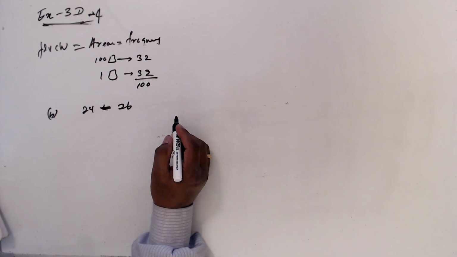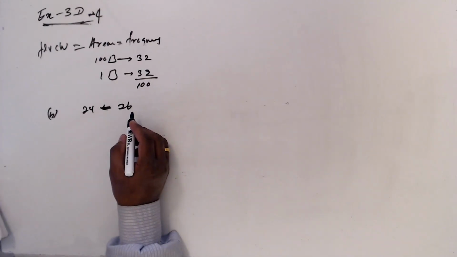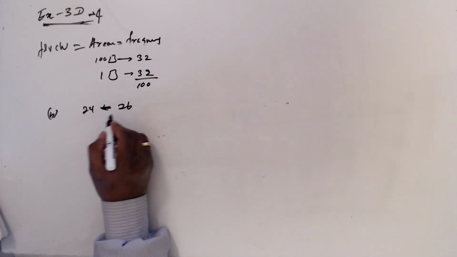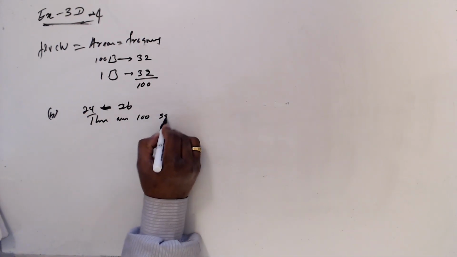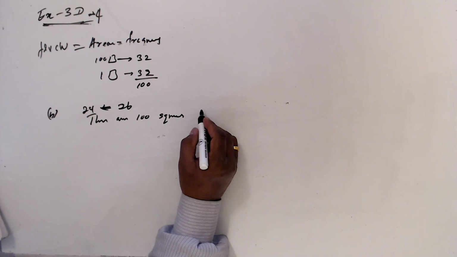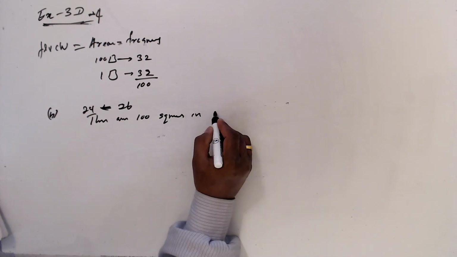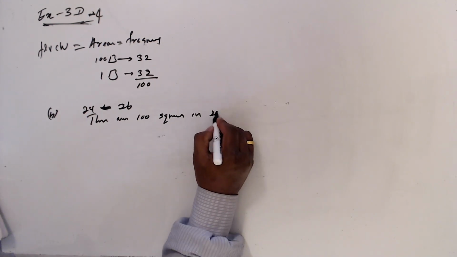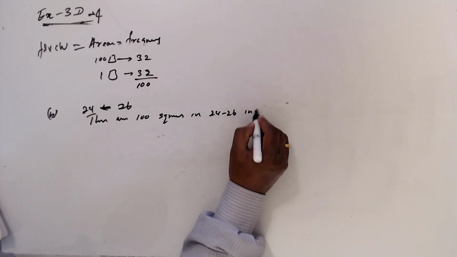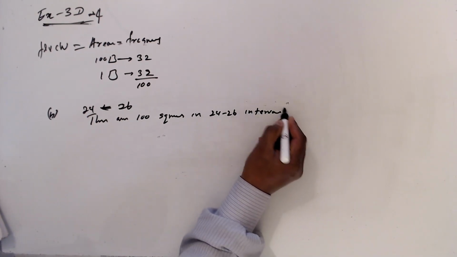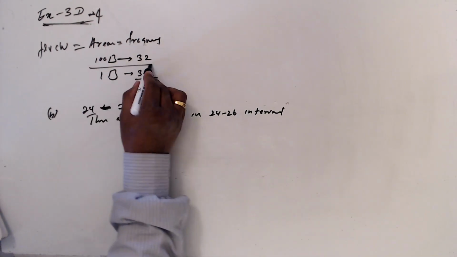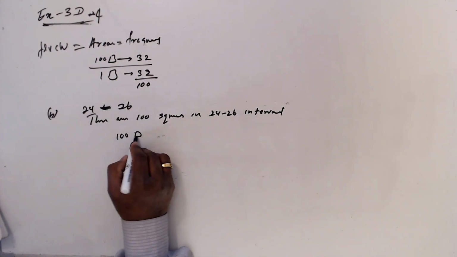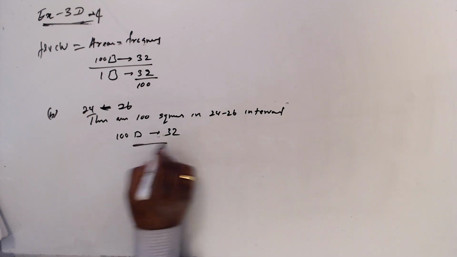In the 24 to 26 interval there are 100 squares. It means we know that if it is 100 squares, it is just 32.